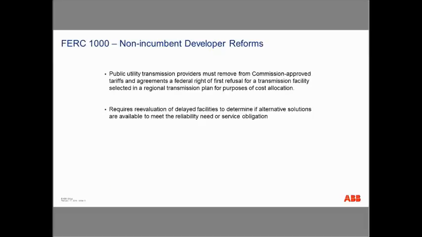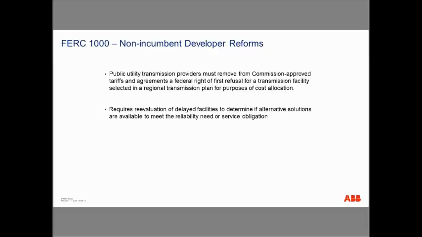Now, the non-incumbent developer reforms. Public utility providers have to remove commission approval for the federal right of first refusal for transmission facilities that are selected in these regional planning processes. So the incumbent can't just refuse and say, hey, we'll do it offhand. That's taken away, at least federally, for regional projects.